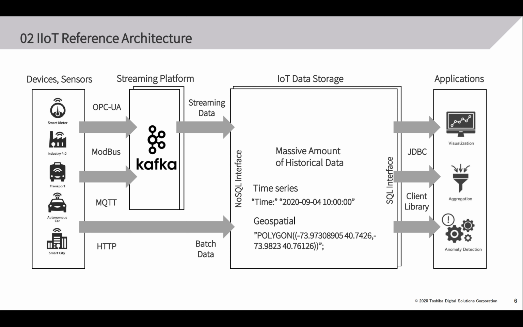This data can then be ingested to a streaming platform, such as Kafka, for example, to be further analyzed in real time before making the data persistent to an IoT data storage to be further managed properly, or you could also, directly from the sensors, without going to the streaming platform, batch the data and ingest it to the database itself as well.